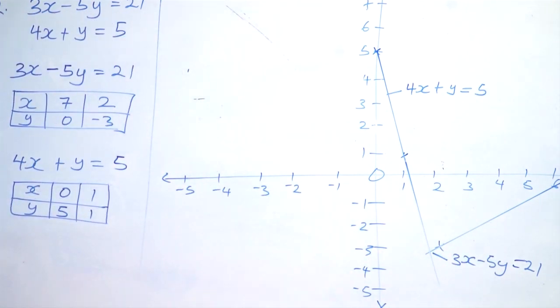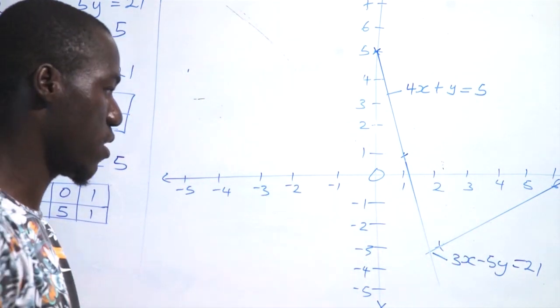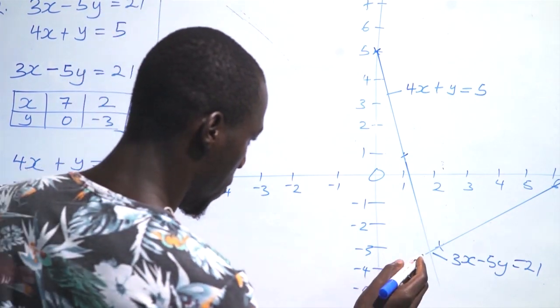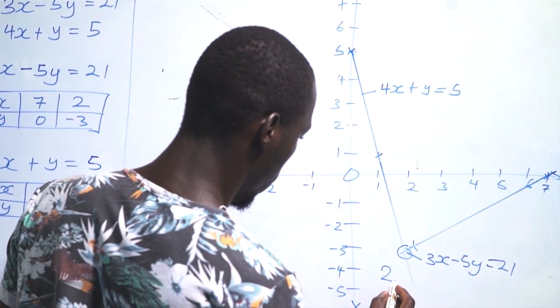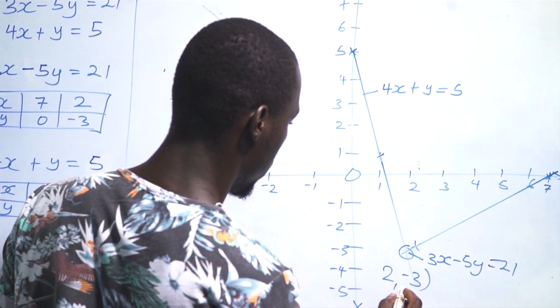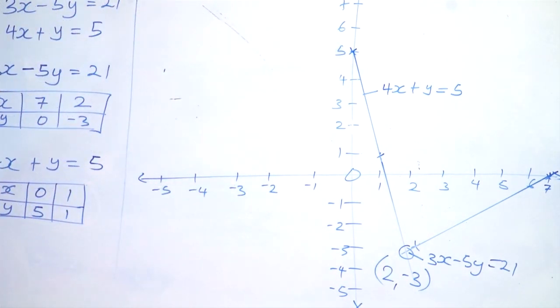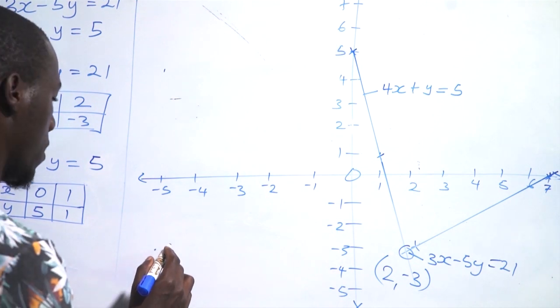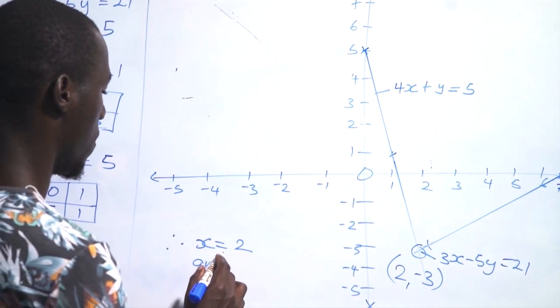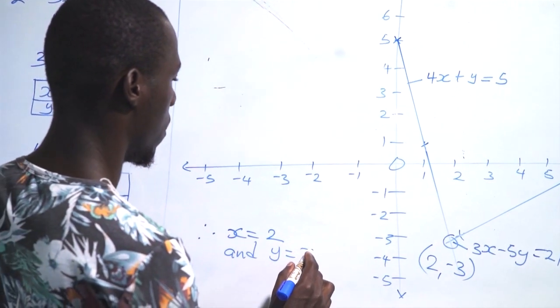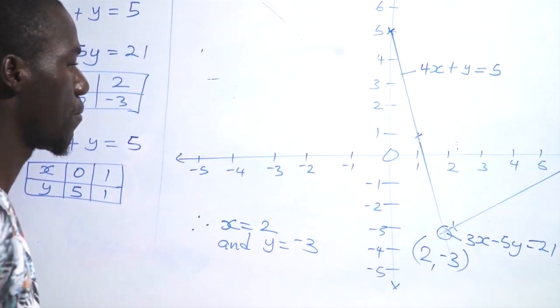Now, since my board is not a squared one, the point of intersection here is going to be 2 and negative 3, and therefore the x value is 2 and the y value is negative 3.